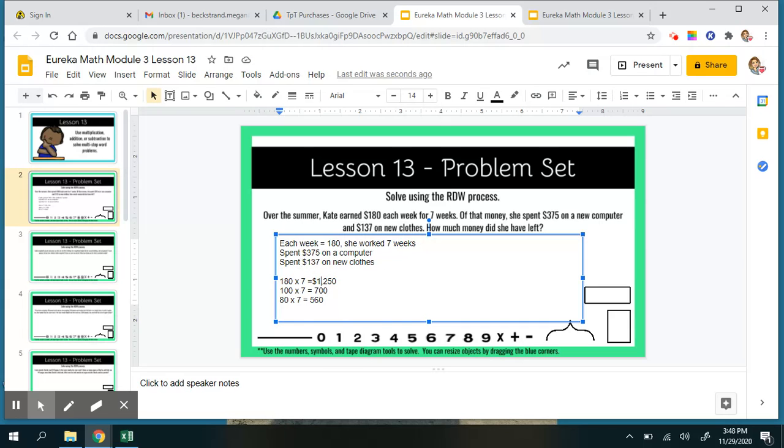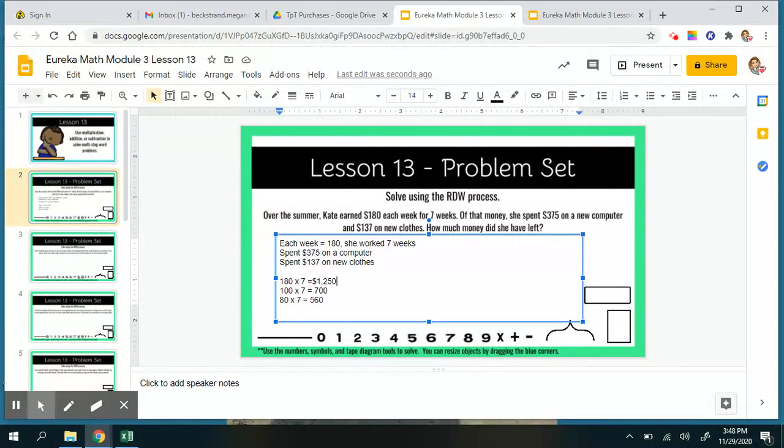Then she spent some money. She spent $375 on a computer, $137 on new clothes. So you can do this two different ways. You can subtract each of those from the total, or you can add those together and then subtract.